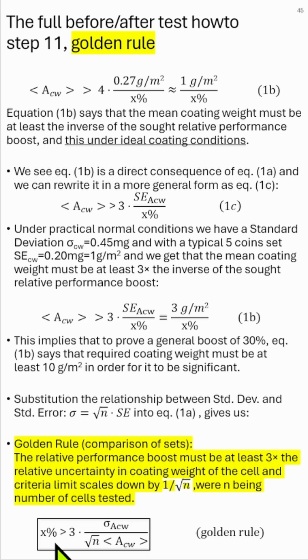And the criteria limit scales down by 1 over the square root of number of samples in the cells being tested, right? So here we see the boost increase must be 3 times larger than the standard deviation of the coating weight divided by the square root of number of samples in your set, and the coating weight's mean value. We call this the golden rule.